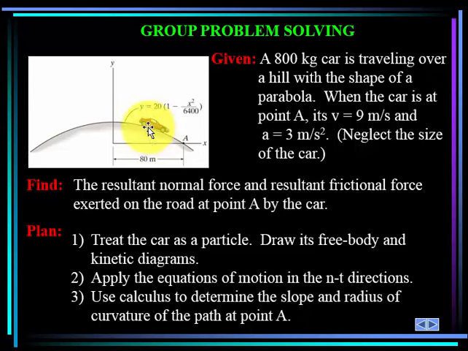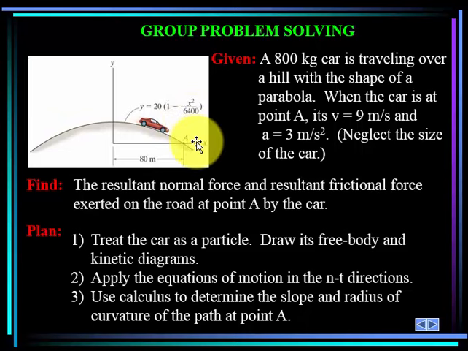That transition from being on the hill to leaving the hill happens when the normal force goes to zero. If you're ever asked to determine at what point or at what speed this car flies off the hill, you will use the idea that normal force has gone to zero. And I will probably work an example of that kind for you.